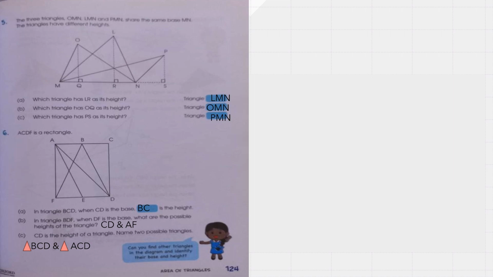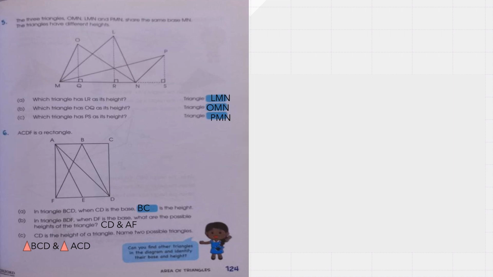In part A, which triangle has LR as its height? LR is the height of the triangle LMN, because LMN is the triangle with the base MN, and RL is the perpendicular line, so this is the height of the triangle LMN.